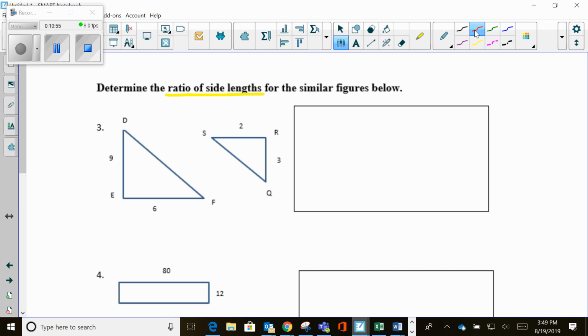I'm going to compare the two sides that are given to me in the first triangle compared to the two sides of the second triangle. Okay? But I'm writing it as a ratio. So for the first triangle, DEF, they tell me the side DE over the side EF.